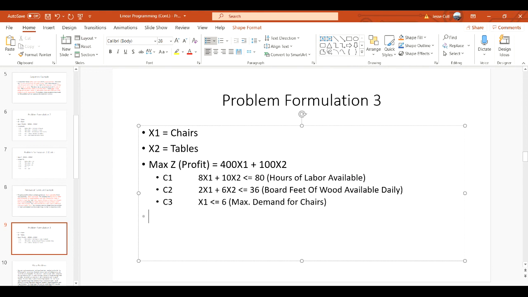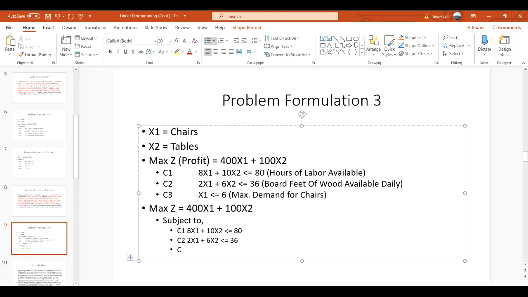So we collect everything as before. Less than or equal to 6.